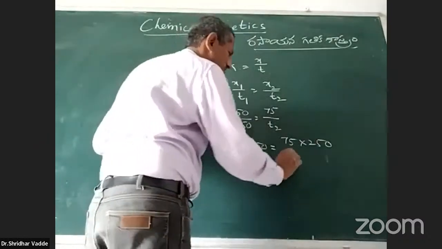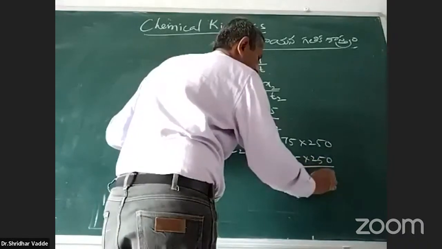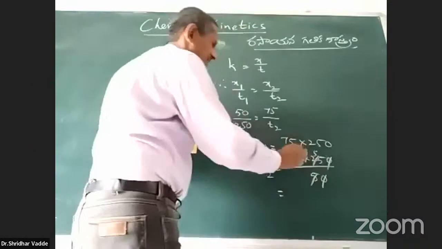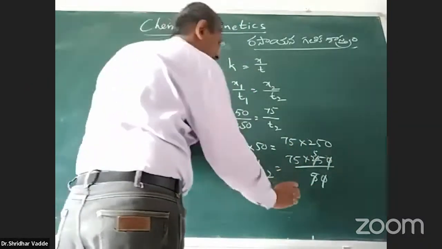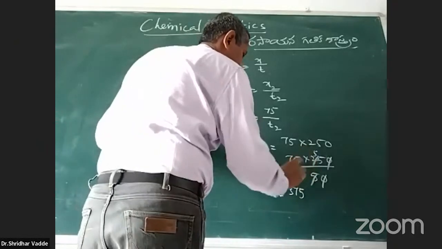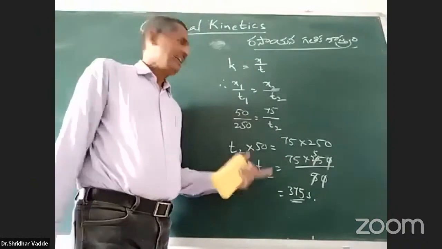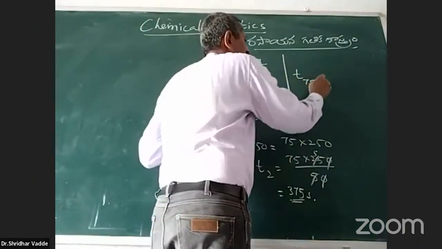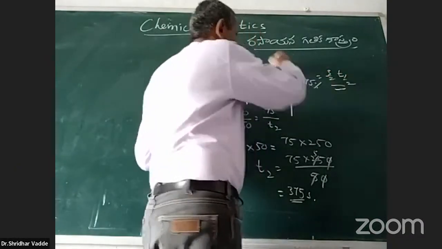So t2 is equal to 75 into 250 divided by 50, which comes to 375. Like this we can do it, or use the principle that t 75% is equal to 3/2 t half.